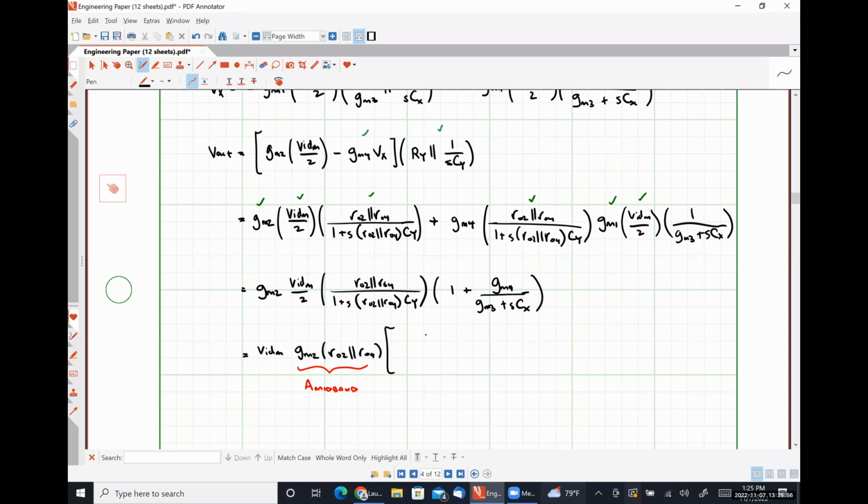I have 1 over 2 times 1 plus S R naught 2 in parallel with R naught 4 times CY.